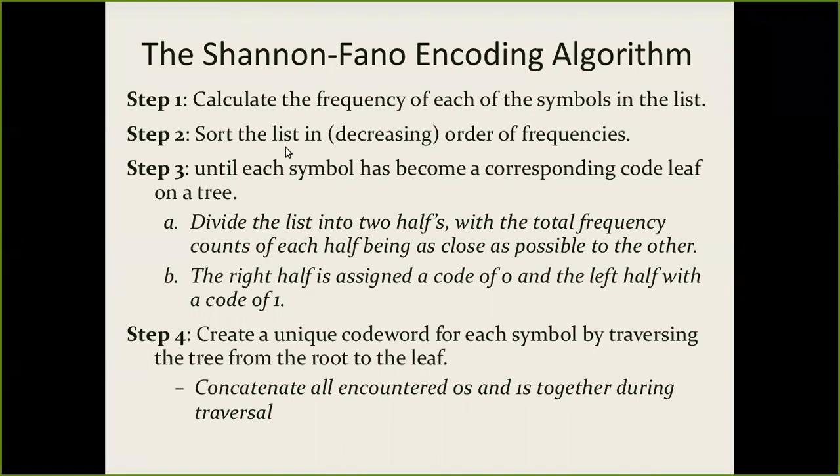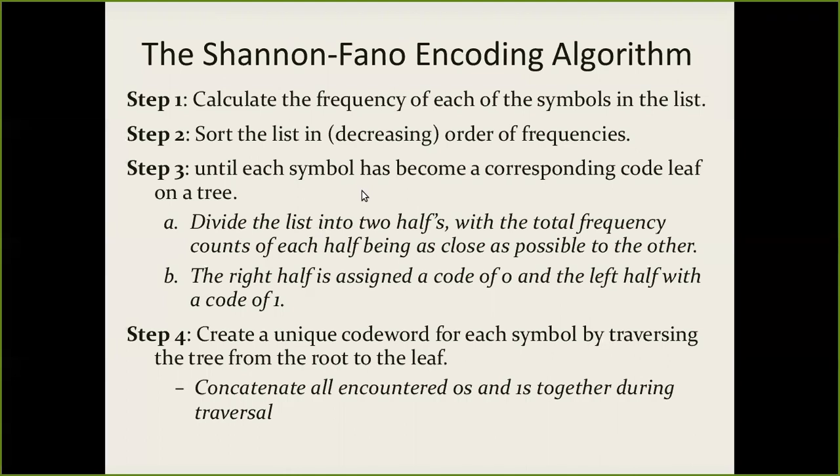It first calculates the frequency of occurrence of every symbol. After calculating the frequency of occurrence of every symbol, it sorts the symbols, not in increasing order like Huffman, but in decreasing order, starting from the most frequently occurring symbol to the least frequent one.